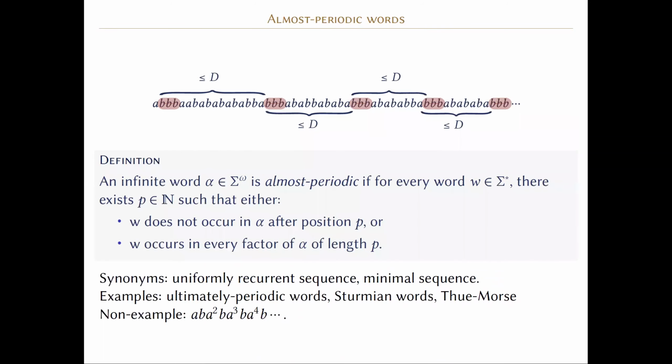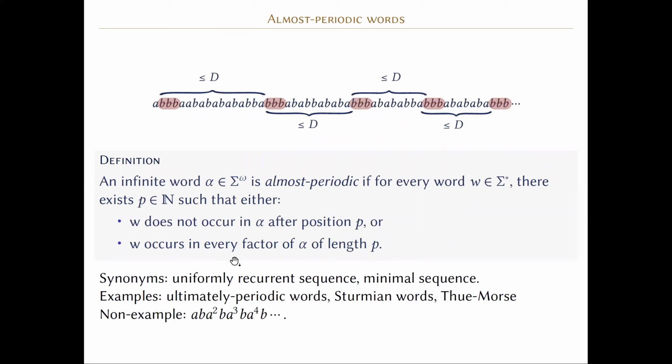So let me formally define what is almost periodic. An infinite word is almost periodic if for every finite word w there exists a p such that either the finite word does not occur in the infinite word after the position p, or the word w occurs in every factor of length p. So we can have one p per finite word.